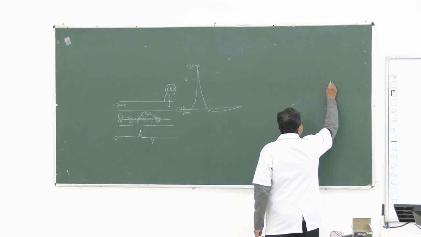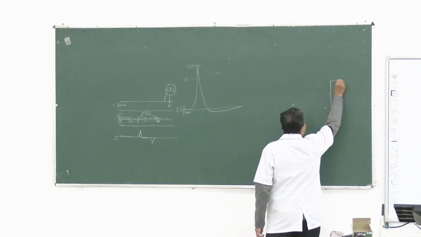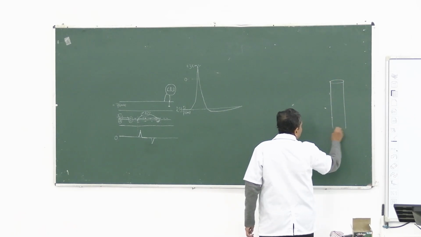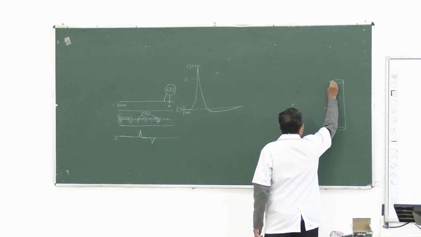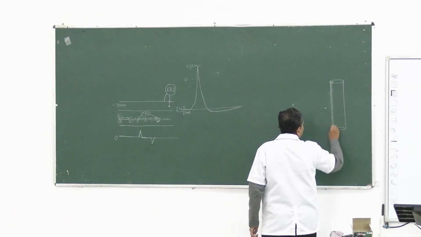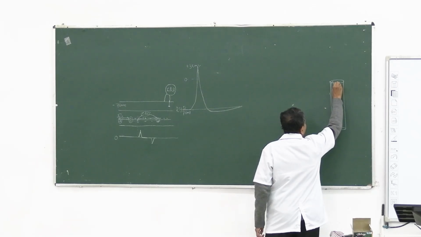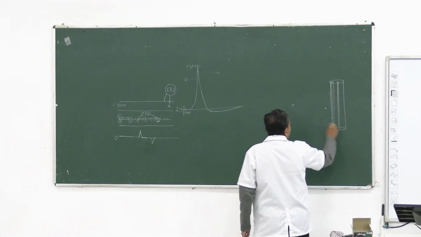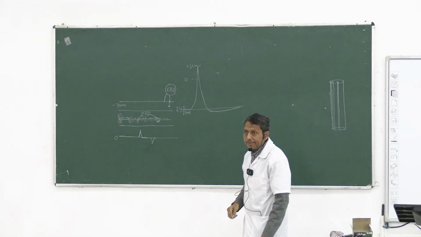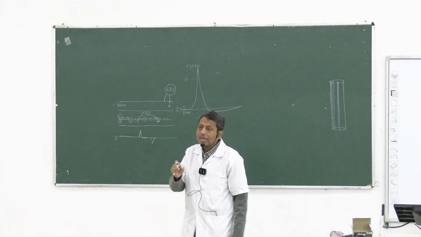If you consider the peripheral nerve, some fibers may be thinner, some may be thicker. In this way they are formed, and they can be stimulated.